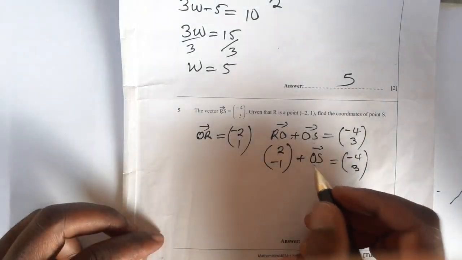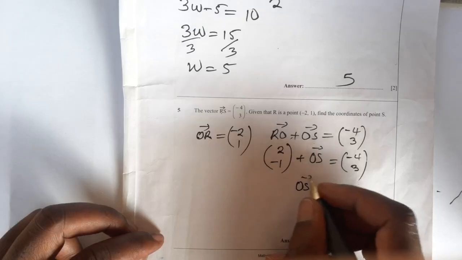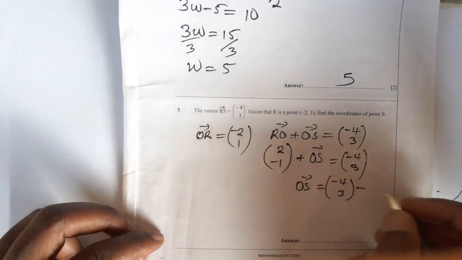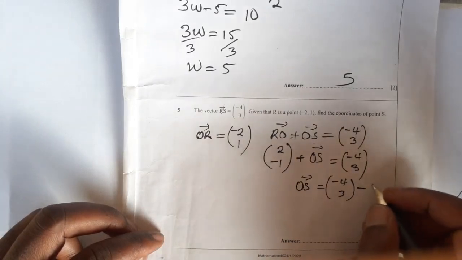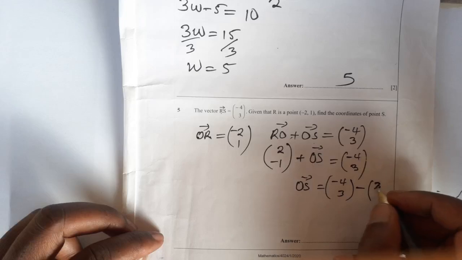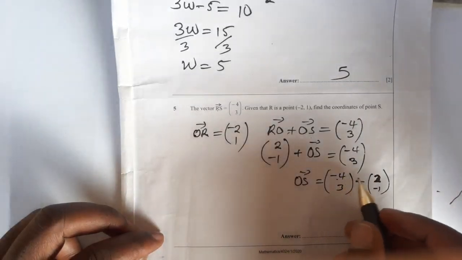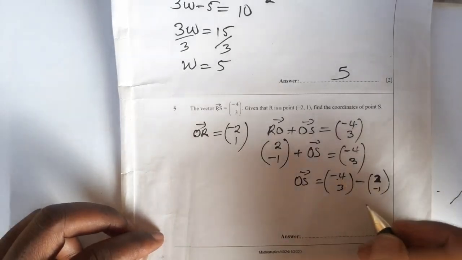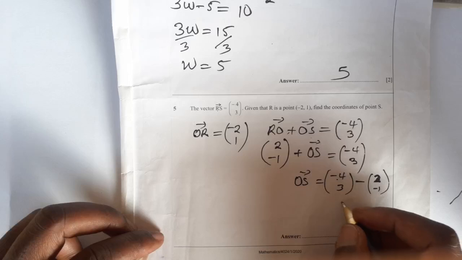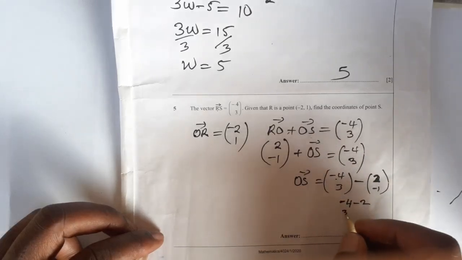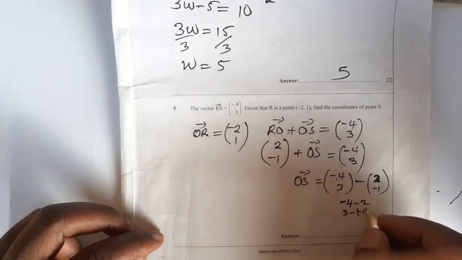Then we want to find OS. Take note, OS is going to be equal to (-4, 3), and this one will come to the other side, so we have (2, -1). When you simplify, the first one is -4 minus 2, the second one is 3 minus 1.